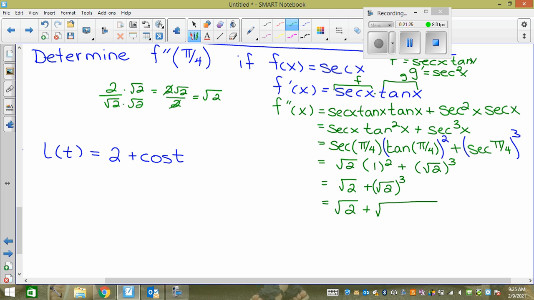The cube can stay outside or it can come underneath, so there's a 2 cubed under here. 2 times 2 times 2, which is really just the same as root 2 plus root 8. Root 8 can break down into 2 root 2. And when you have radicals, you can add them if they have the same radicand. So 1 root 2 plus 2 root 2 is 3 root 2.